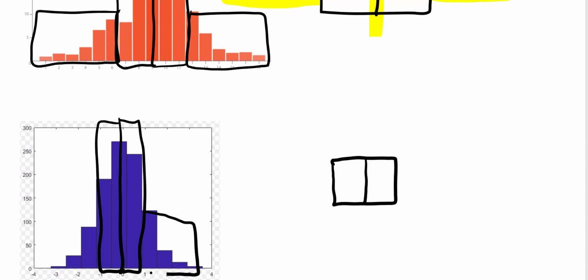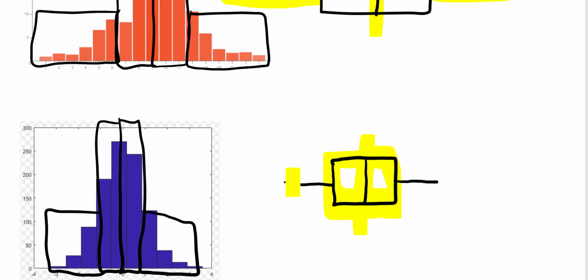So again, those whiskers are probably a little bit longer, but the whole thing itself is shorter, not as wide. I would highlight that this is definitely in the middle, the whole box is smaller, and these are a little bit longer again. I think that looks pretty good.